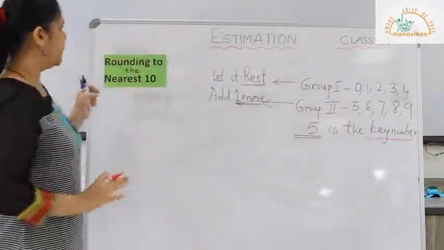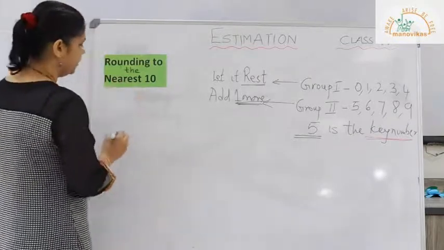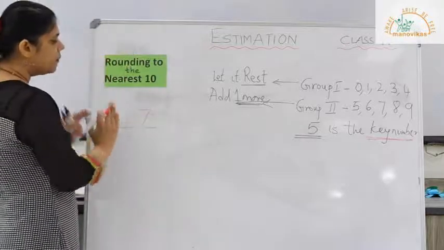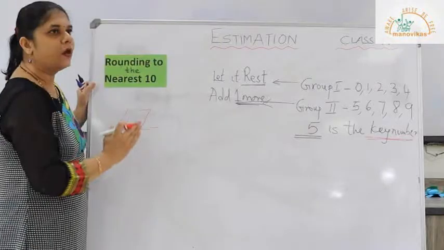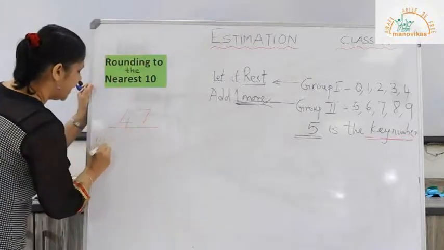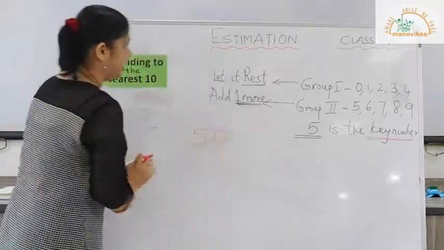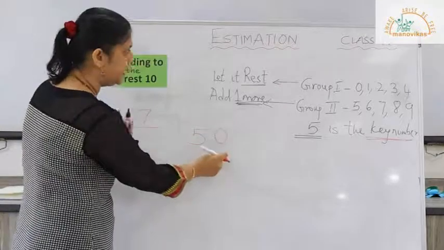Now, to explain rounding to the nearest 10, we will take one example. Say you have to round the number 47 to its nearest 10. You know that 47 lies somewhere between 40 and 50.